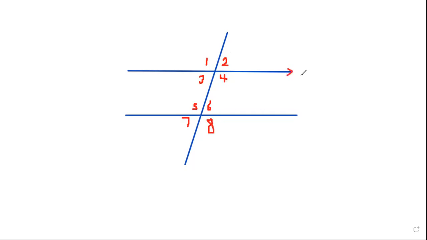So you will say that line L will be parallel with line M. And the third line will be the transversal. Once we have two parallel lines and a transversal, then we will find pairs of angles.